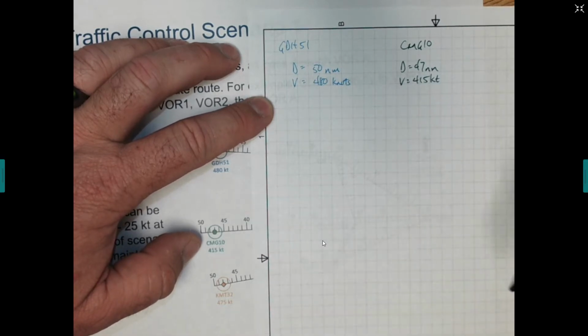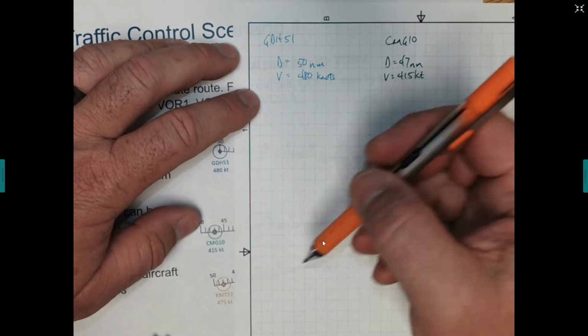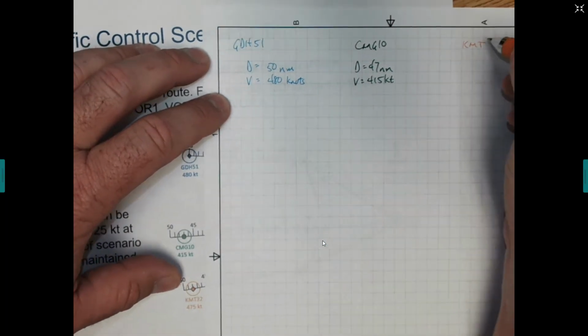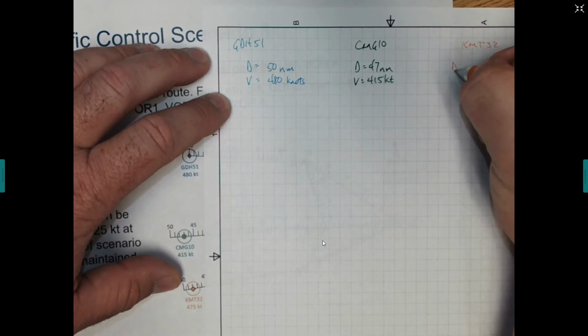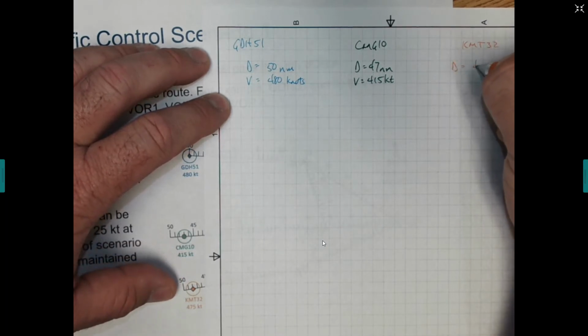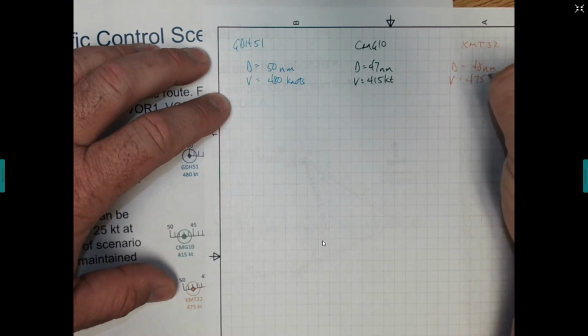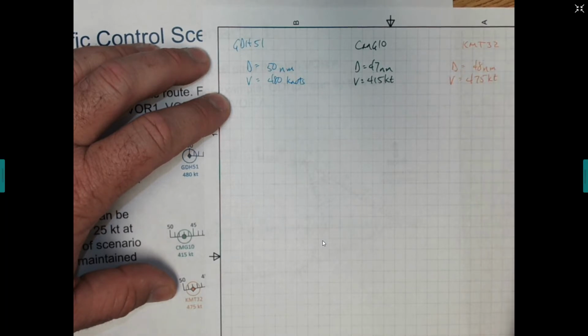And our last one, which is the KMT32 down here at the bottom, his distance is 48 nautical miles, and his velocity is 475 knots. That's what they all start out as.